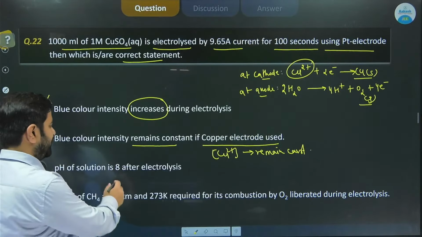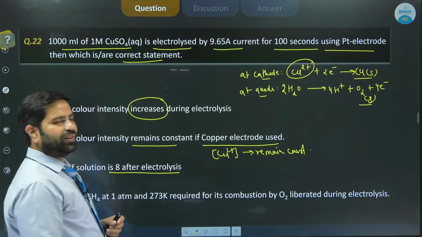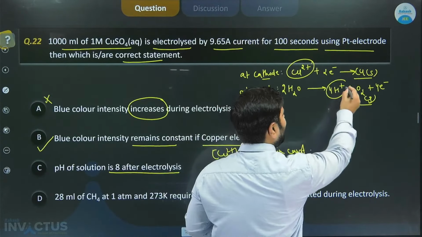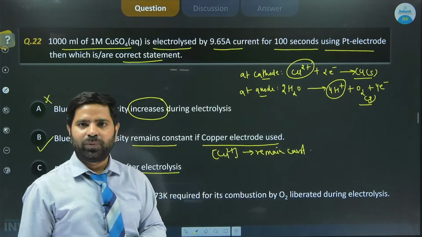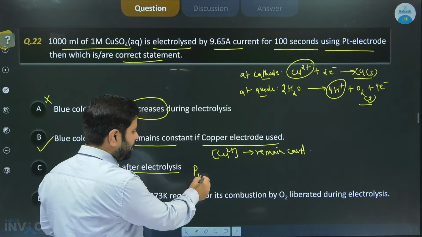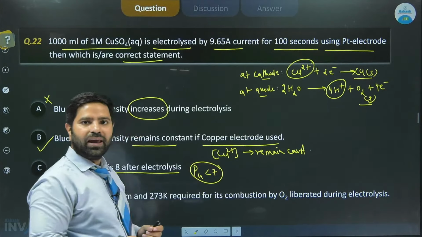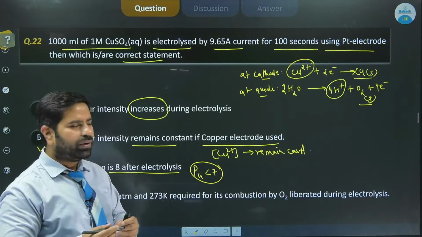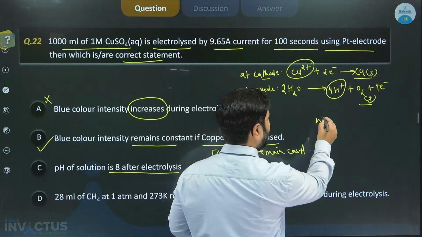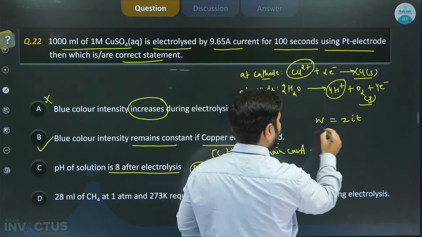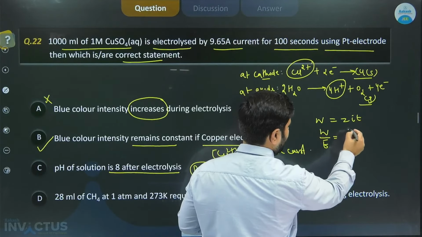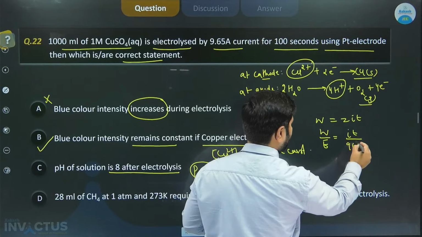pH of the solution is 8 after the electrolysis. We can simply calculate, and we know that at the anode, H+ ion is getting released. If H+ ion is getting released, we can say the pH would be less than 7 as the solution will be acidic. Now if you want to find the exact pH of the solution, we can use the formula W = ZIT, and W/E = IT divided by 96,500.